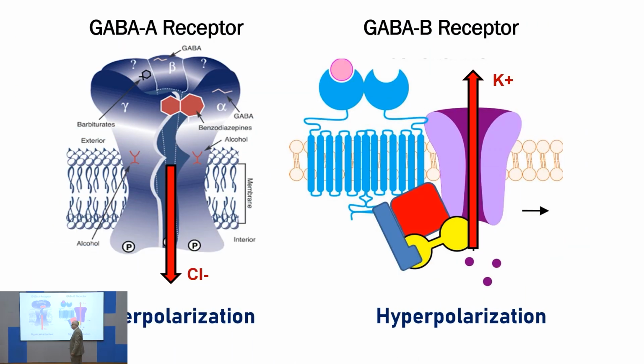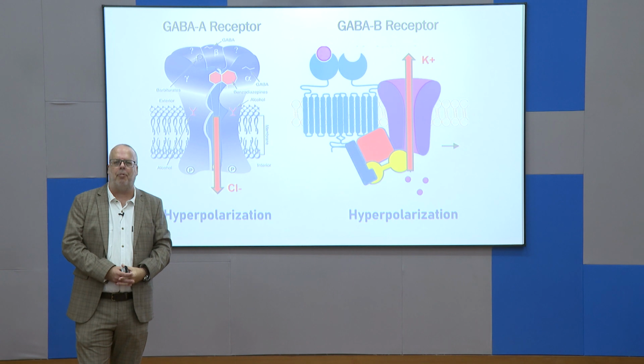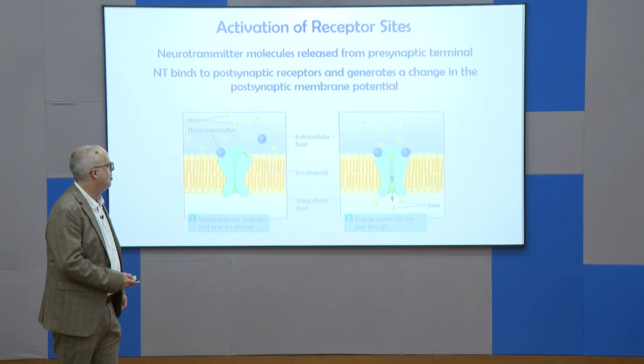Alternatively, GABA B is a metabotropic receptor. GABA binds, it leads to the opening of a channel which allows for the efflux of potassium. Potassium flows out, it takes its positive charge, and the net effect is the same. The inside of that postsynaptic terminal becomes more negative.